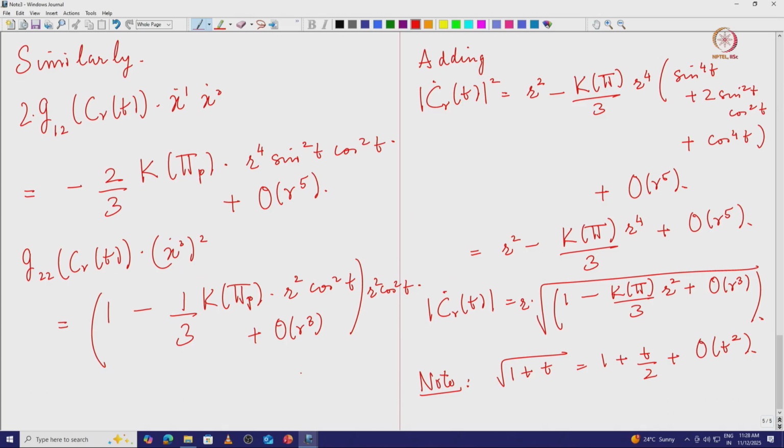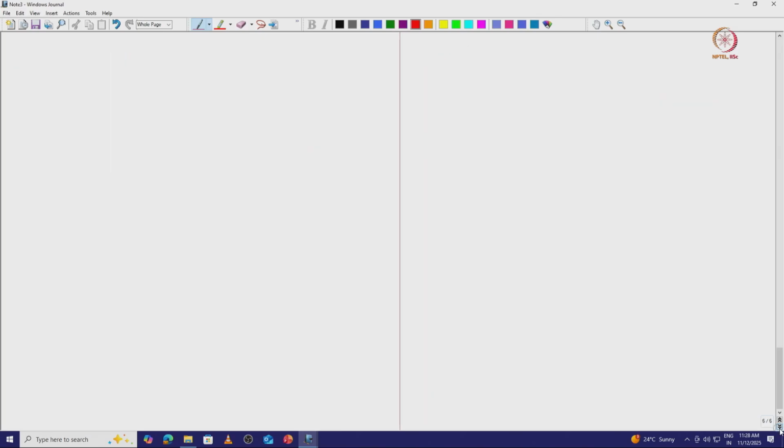So if I apply this to what I have in the bracket, this implies that the length of this is going to be r times 1 minus r squared by 6 times this, plus O of r cube. Okay.